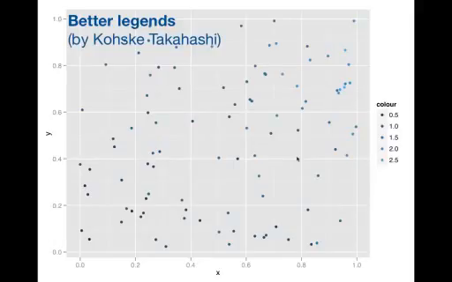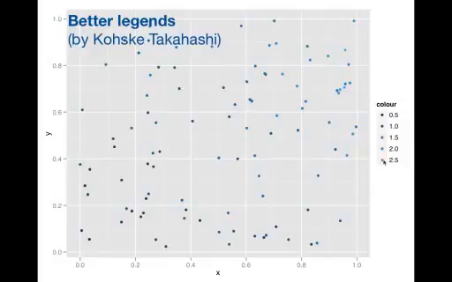Another major contribution has come from Kohske Takahashi, who's been working on, among other things, improving the legends. So here I've got a scatter plot of just some random data, and I've colored the points according to some other continuous random value. One thing you'll notice here is that the default gradient color scheme in ggplot2 has changed.